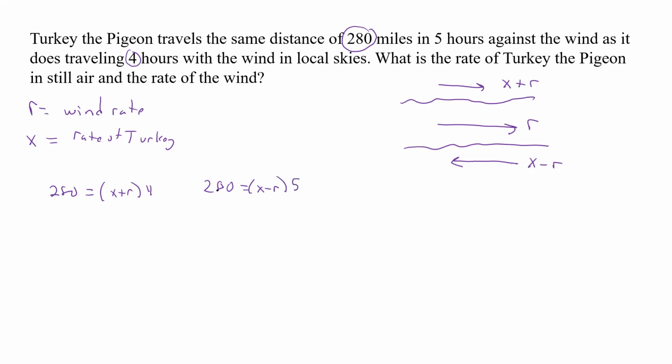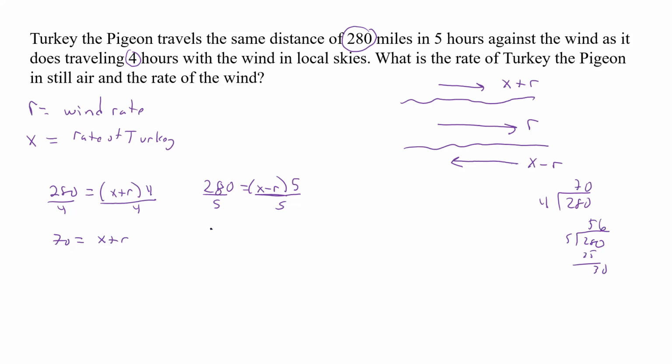Now, this time, without making mistakes, we're just going to divide by 4 the first time, and here let's divide by 5. Okay. So if we have trouble with this, we can go 4 goes in 28, 7, and so it's 70. So 70 equals x plus r. All right. Now what? Well, then over here we take 5 into 280, that's 56.